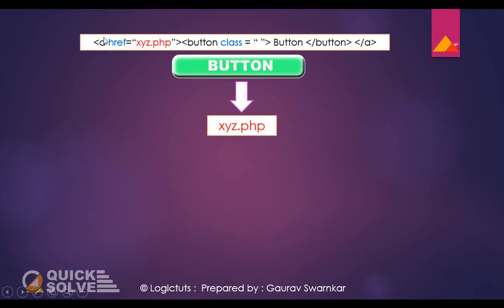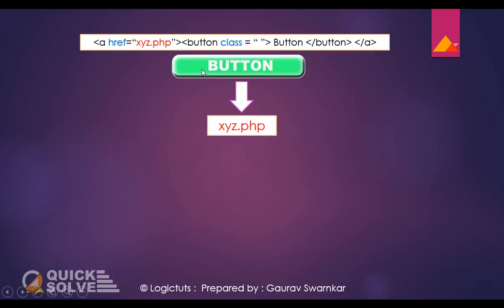So here's the code that we use for linking a button to a page. What this code basically does is that when we click the button, it directs us to this particular page referred to by the hypertext reference.